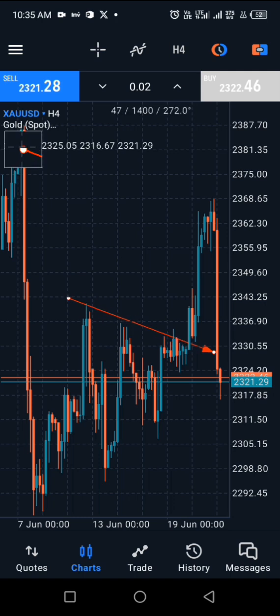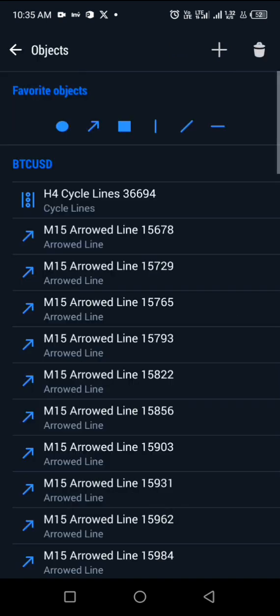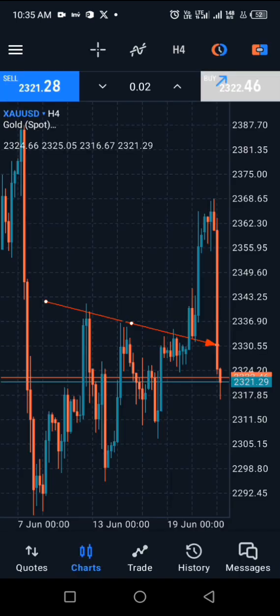I'm collecting the wicks of the resistance now to mark the resistance. Now connecting the wicks of the support and wait for a breakout.